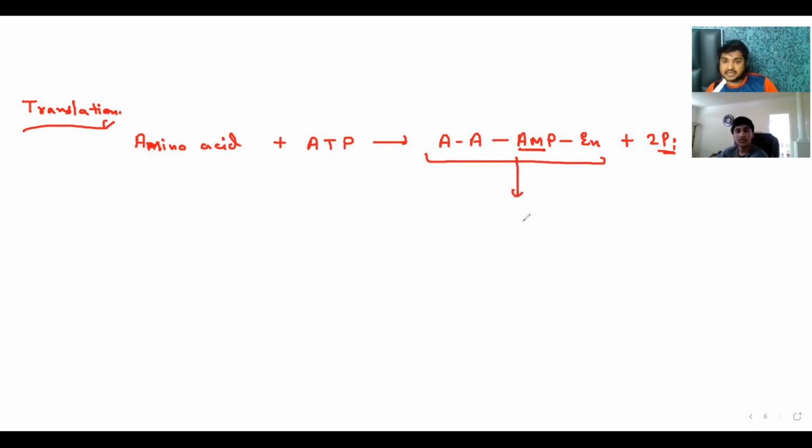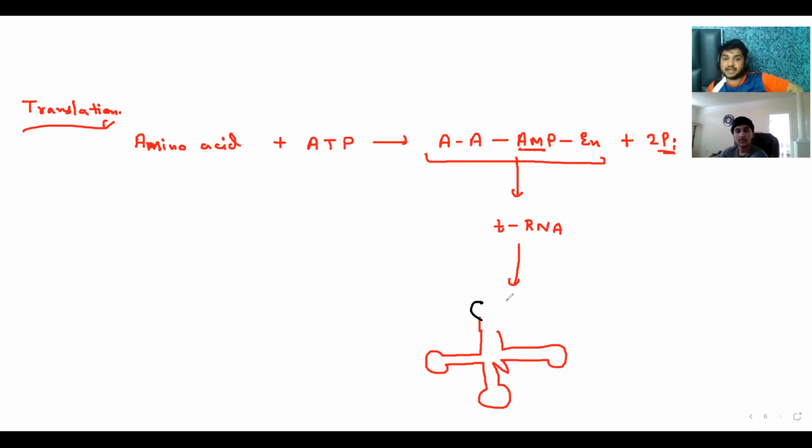Now this complex is attacking tRNA. You remember that cross-like structure. tRNA is completely free, and now they are going to attach. Initially, tRNA is free here and the amino acid is also free here, but after this reaction, the amino acid will be attached to tRNA.